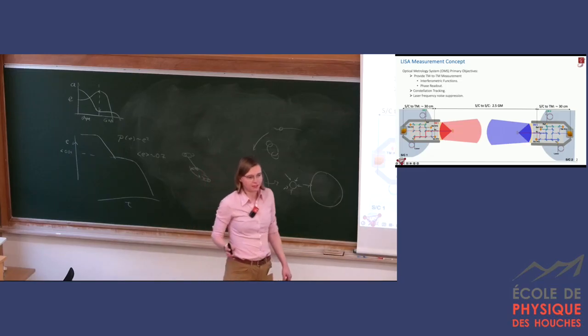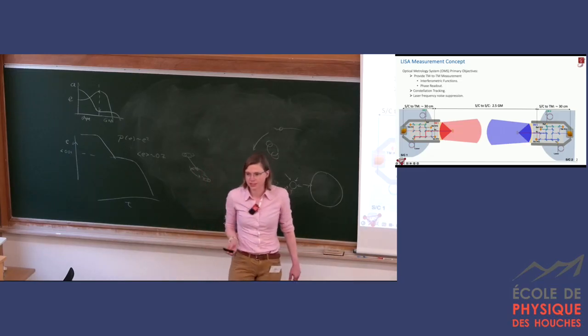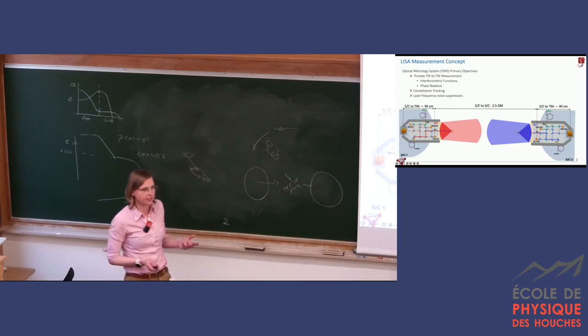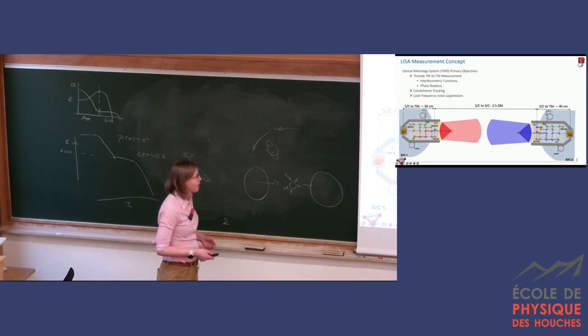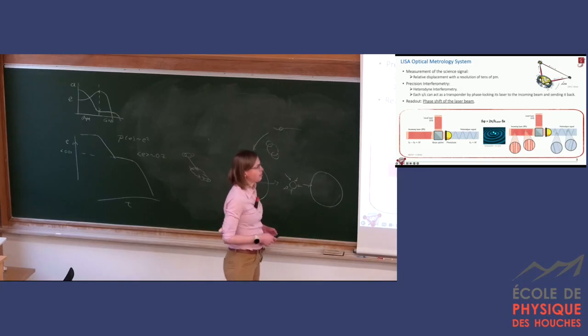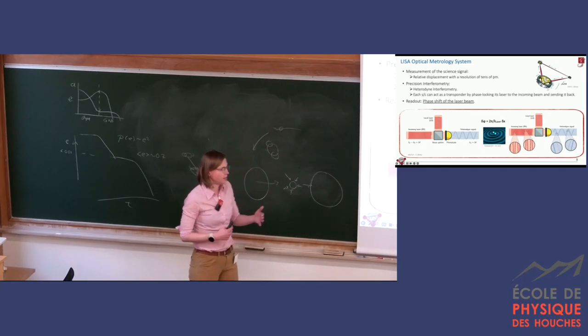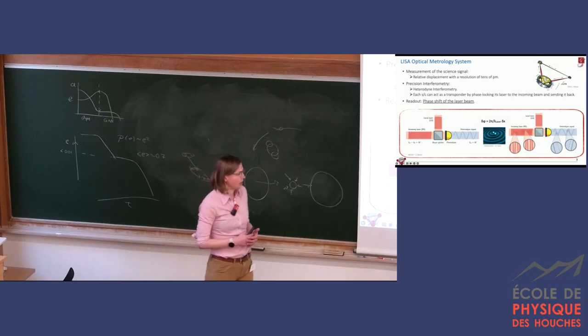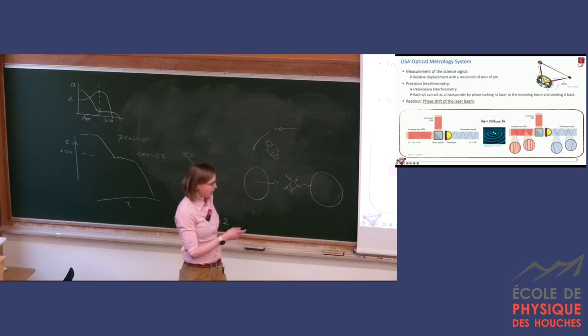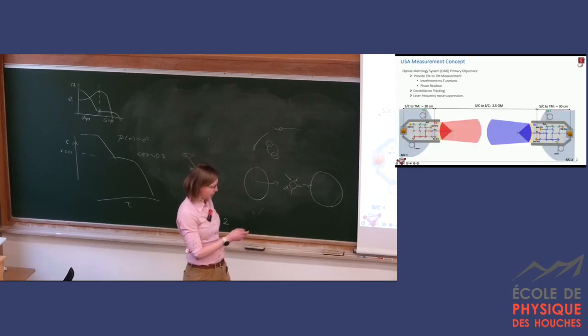And as we know, we have to suppress laser frequency noise because, as Henri mentioned, it is more or less 8 orders of magnitude higher than the signals that we want to measure. So how do we do that? We measure it directly by measuring the phase of the laser beam, the heterodyne beat note.